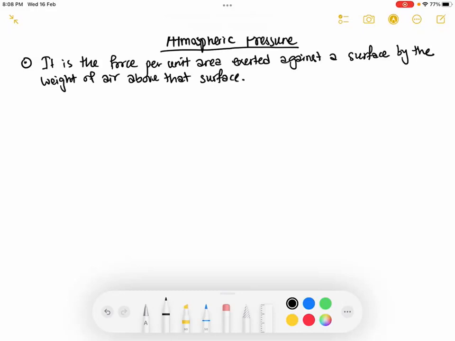Okay, so basically everything is actually experiencing an atmospheric pressure. Okay, now how do we measure this atmospheric pressure? Now, the instrument that is used to measure atmospheric pressure is called a mercury barometer.